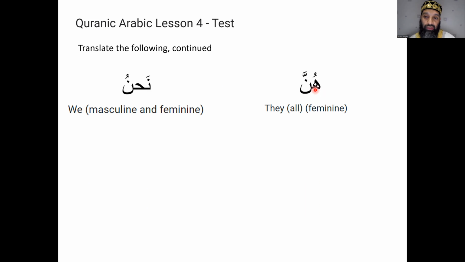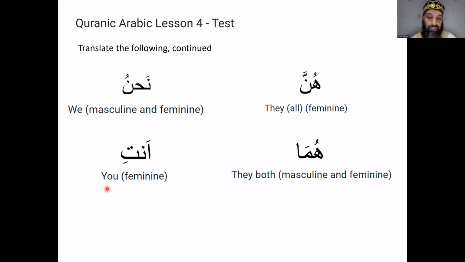Hunna, look, the little W for women has come. So that hunna is feminine only, and it's ha, so it's third person. So they all, them all, women only. Anti is you, but feminine. Anta is you, masculine. Anti is you, feminine.